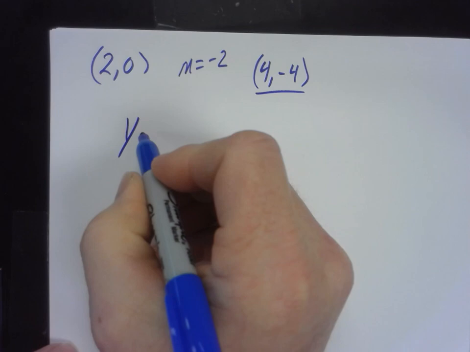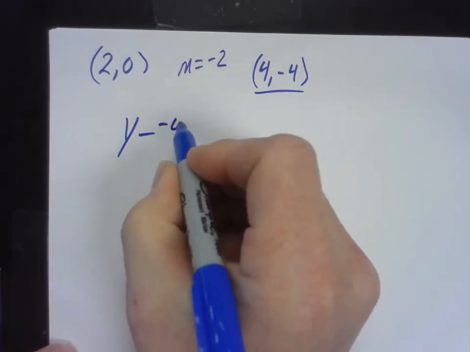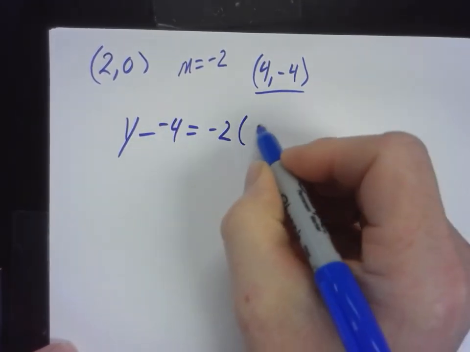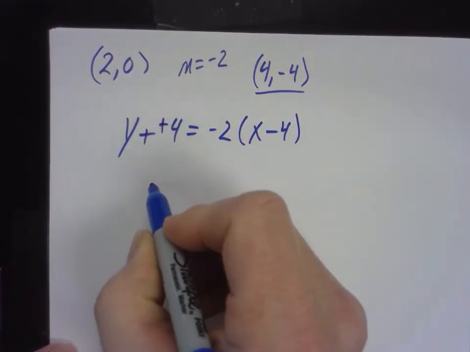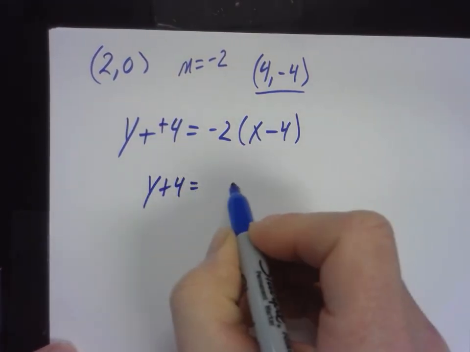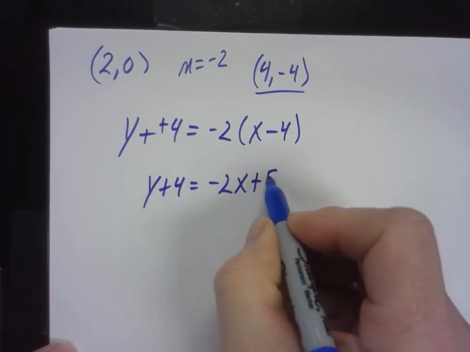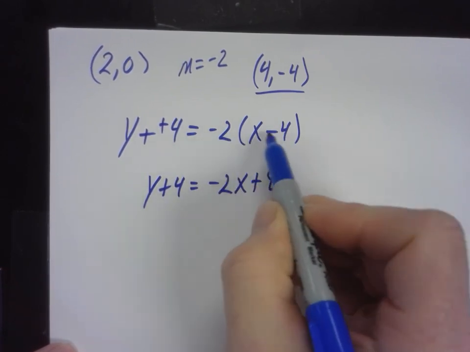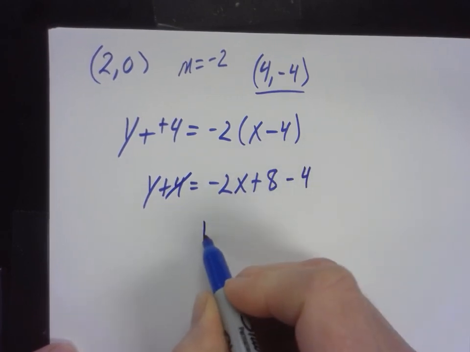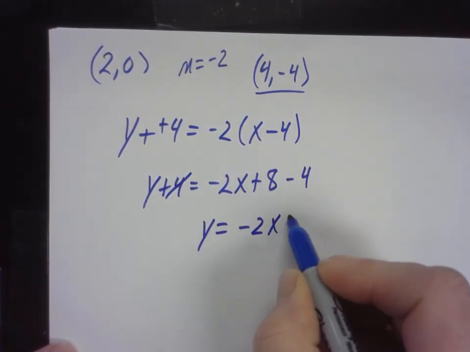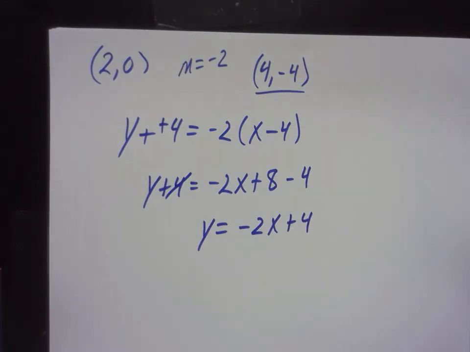So y subtract -4 equals -2 times x subtract 4. So this is plus. And y plus 4 equals negative 2x plus 8, doesn't it? Subtract 4 from both sides, and y equals negative 2x plus 4 still, doesn't it? Okay, it's going to work no matter which point on the line we use, which is kind of cool.